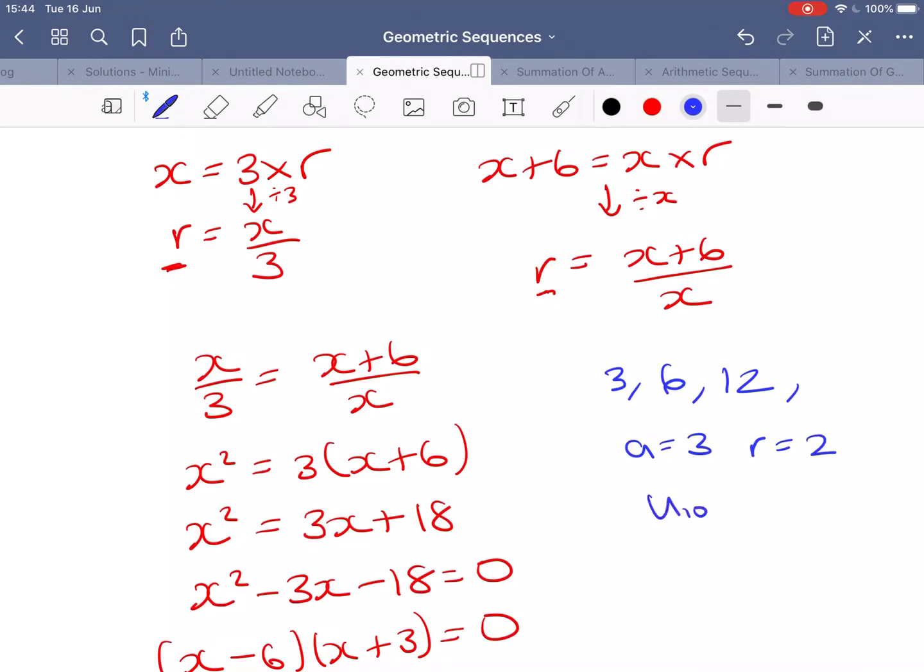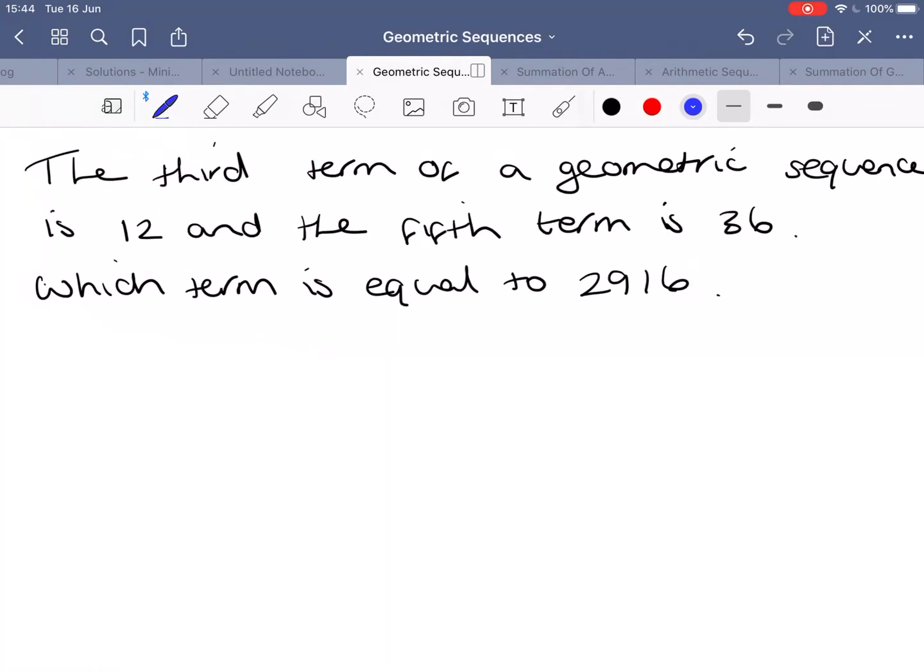So my 10th term is going to be ar to the power of 9. So my 10th term is going to be 3 times 2 to the power of 9, which is 1536. Right. Can't remember if I've got one or two more left to go, but we'll see.